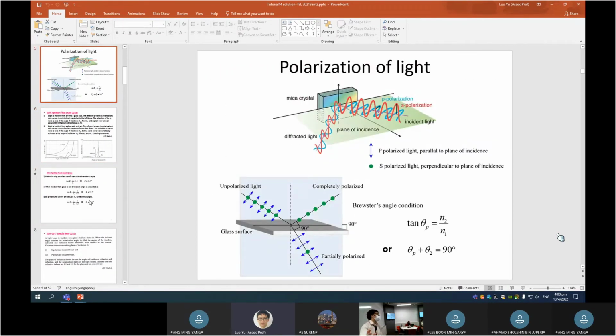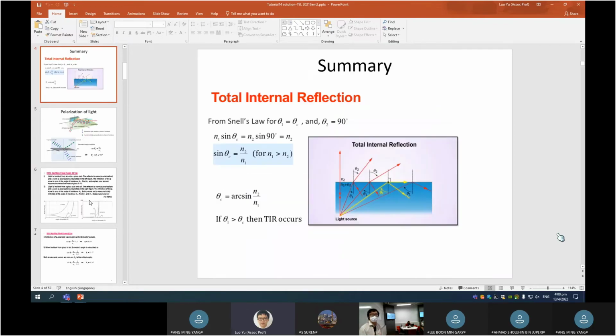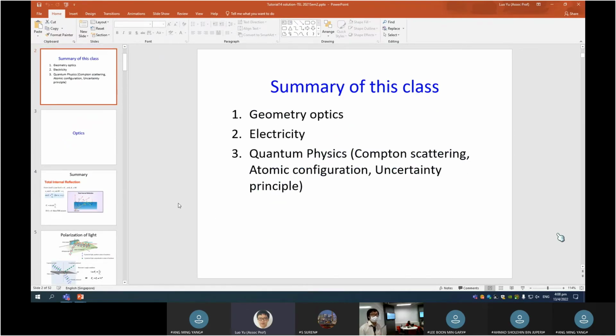For example, geometry optics here I only talk about imaging by lens and mirror. If you want to look at how refraction will be tested and how polarization will be tested, you refer to tutorial 14 because all the solutions are provided here.